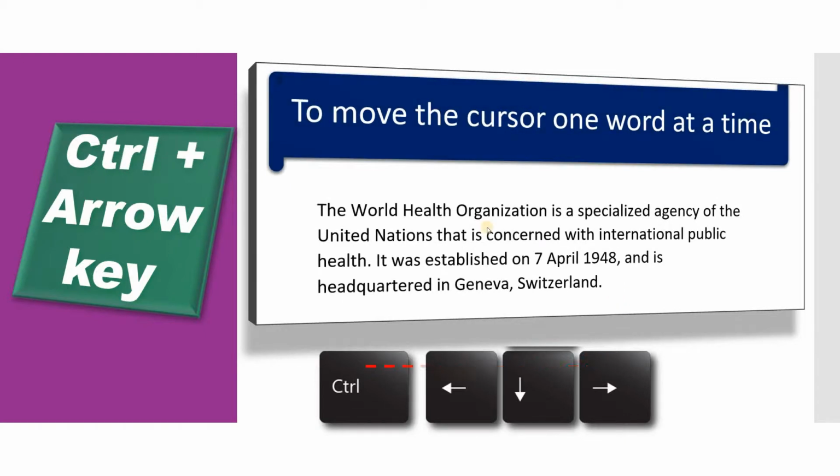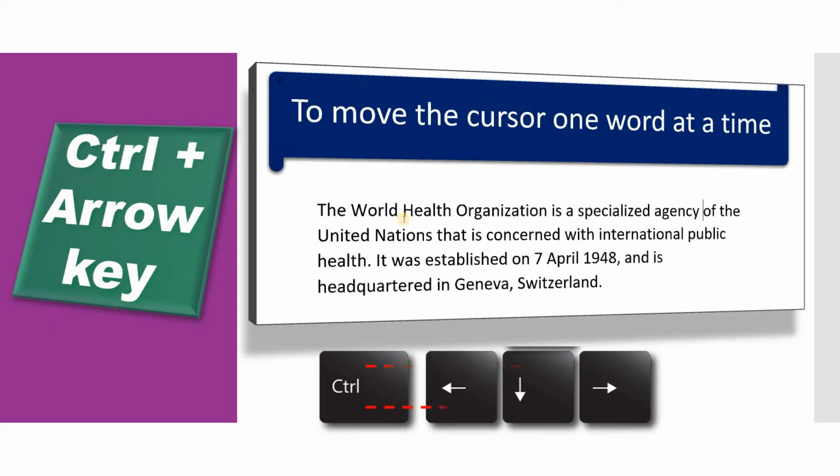Suppose you want to move one word at a time: holding down the Ctrl key while pressing the right arrow will move the cursor to the right, one word at a time. Keep holding the Ctrl key and press the right arrow key. Suppose you want to come back to the left side, keep holding the Ctrl key and press the left arrow key.